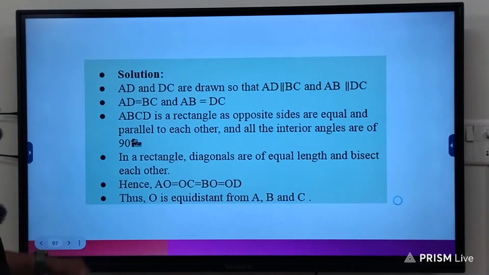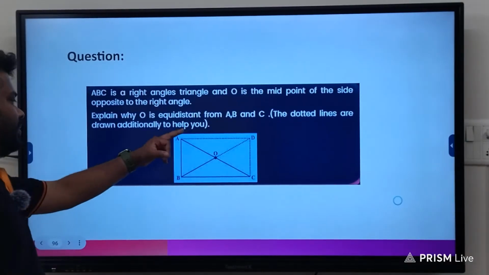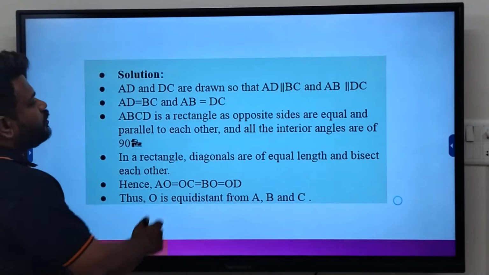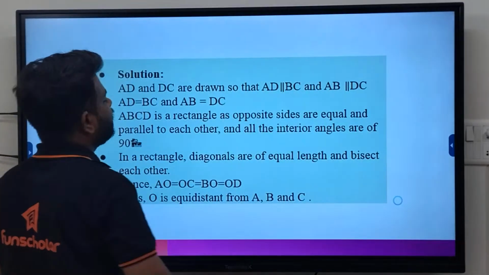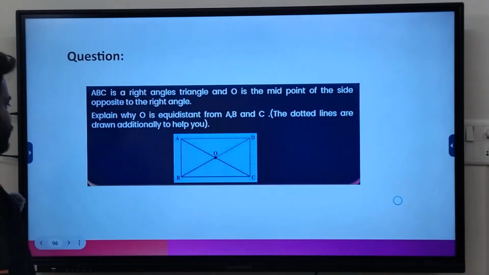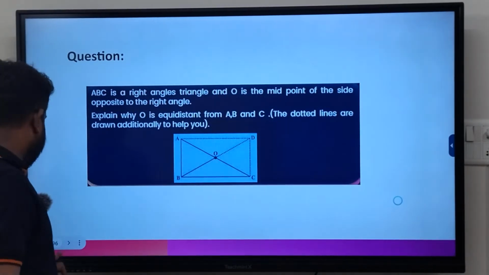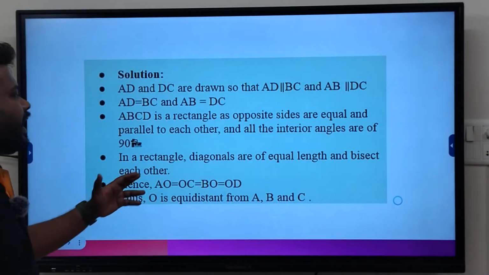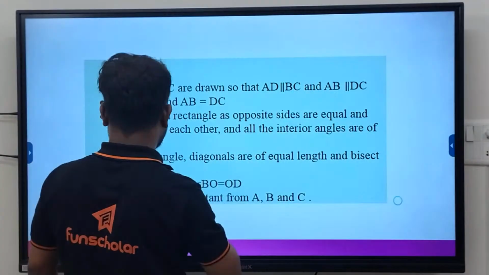So that is making ABCD a rectangle, as opposite sides are equal and parallel to each other and all the interior angles are 90 degrees. So this is a rectangle, and in a rectangle the diagonals are equal in length and bisect each other.